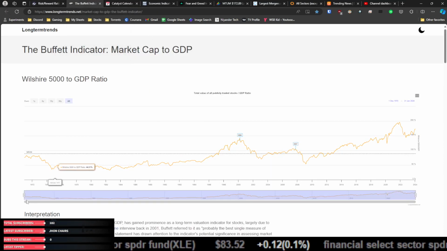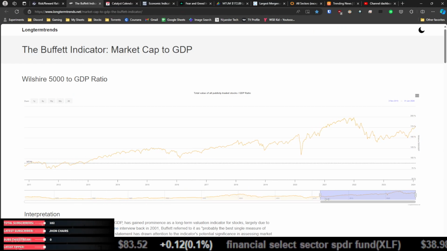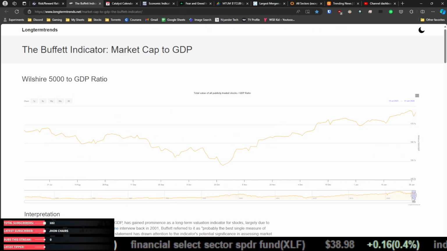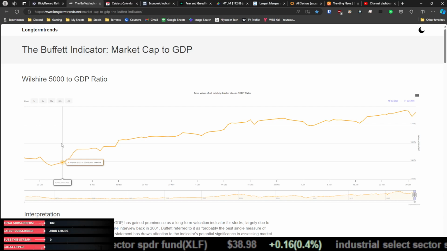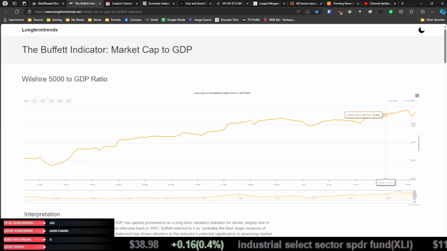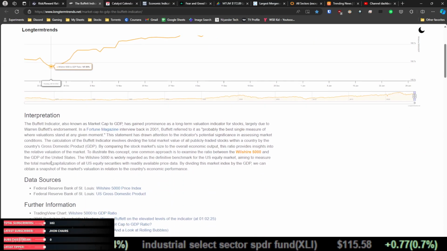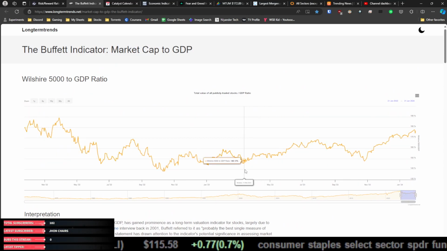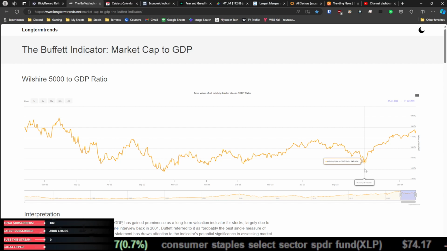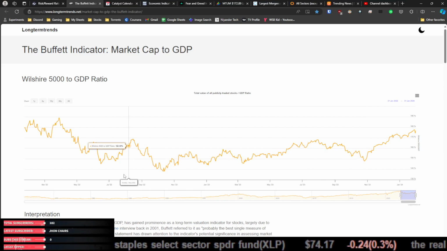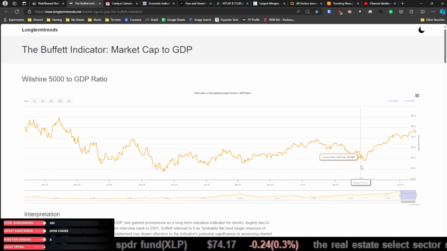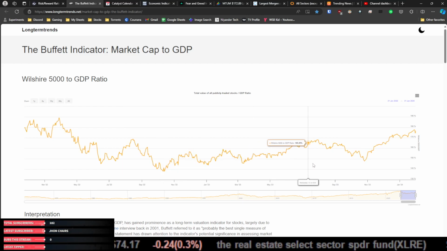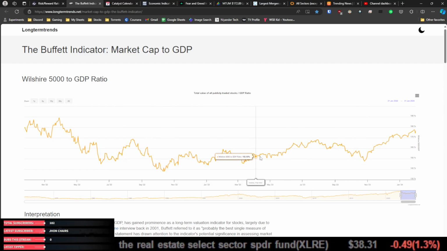So for the market, we got the Buffett indicator. Still pretty high from that little dip we had in October, right? We had that little dip. There it is. That little dip in October, and yeah, October it kind of just went sideways.